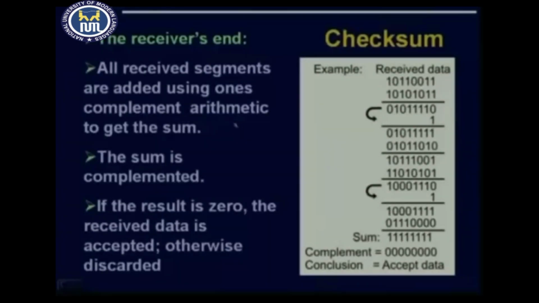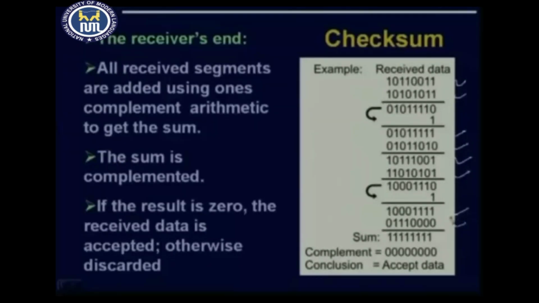All the received segments are added using one's complement arithmetic to get the sum. So we have one additional step. We assume here that there is no error. So the segments 1, 2, 3 and 4 are added, and we get the partial sum of them all.